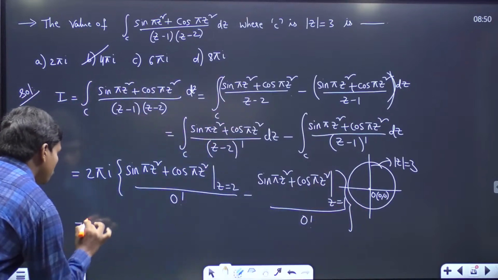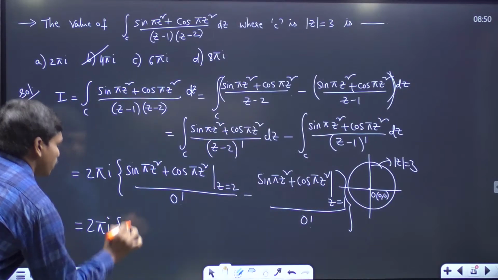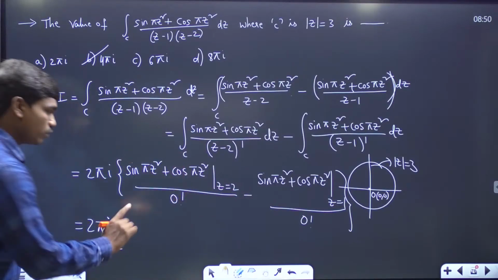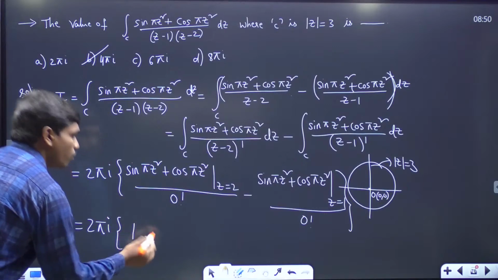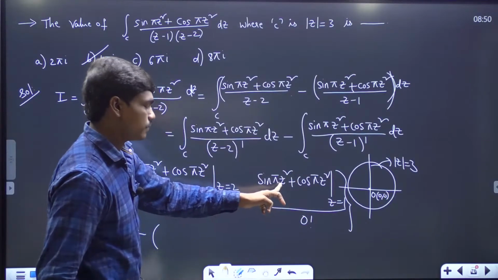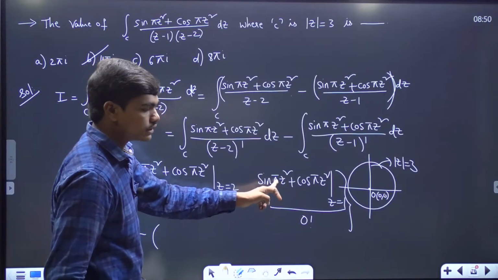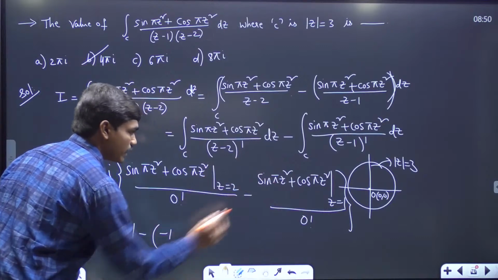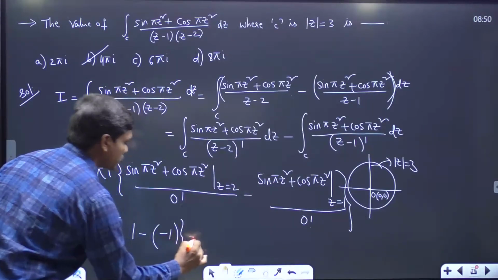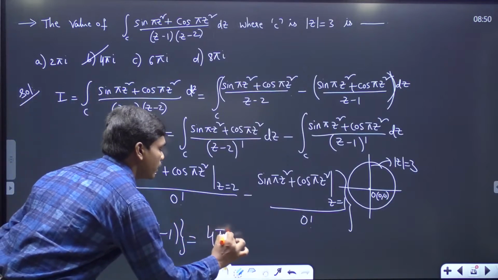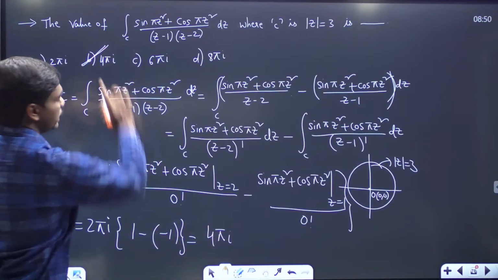So this is equal to 2πi into, when you put z equal to 2, sin 4π is 0, cos 4π is 1, divided by 0 factorial 1, minus, when you put z equal to 1, z² is 1, so π z² is π, sin π is 0, plus cos π is −1, divided by 0 factorial is 1. So this is the answer, 2πi into (1 minus (−1)), which is 4πi, which is option B.